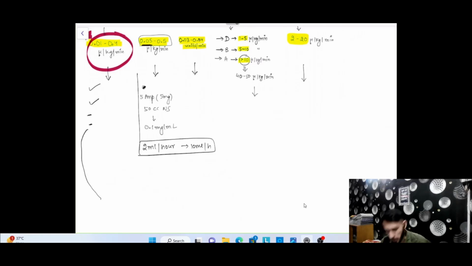So if we calculate by 0.05, taking an example again just to make you remember why this 2 ml per hour is the minimum rate to start.